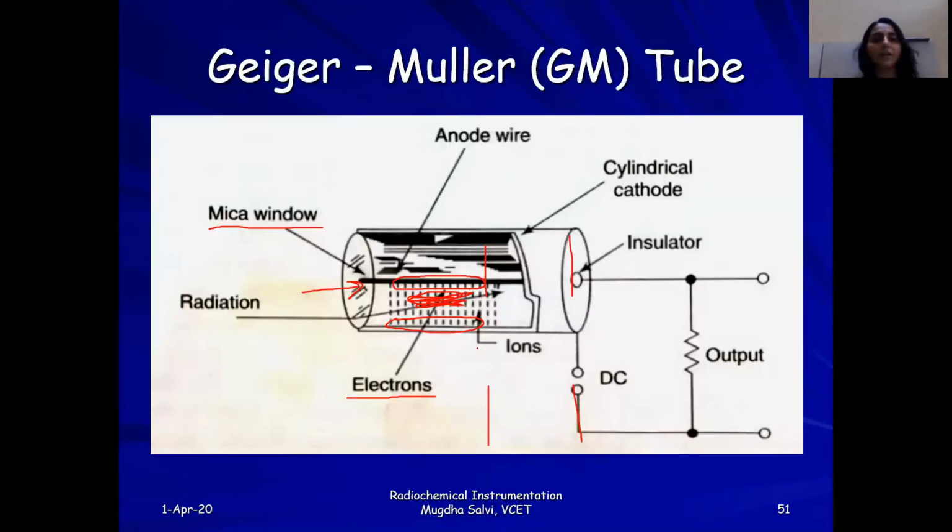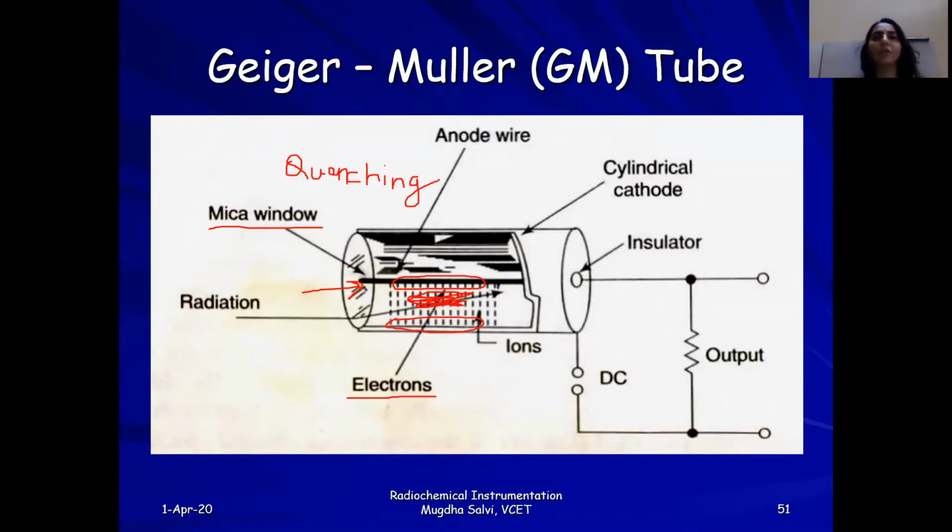Now, whatever ions and electrons are formed inside, they try to move to their respective electrodes. And now there is less amount of gas, so you need to provide extra gas to it. This process is called quenching, which is a prominent thing for a GM counter. This is not required for ionization chambers. This is not required for a proportional counter.